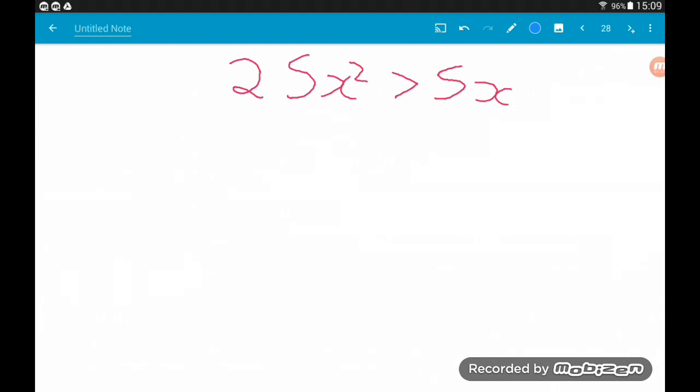Or the variable might be negative. In an inequality, if you either divide or multiply by a negative number, it flips the direction of the inequality sign. So you cannot divide away variables when we're dealing with inequalities.